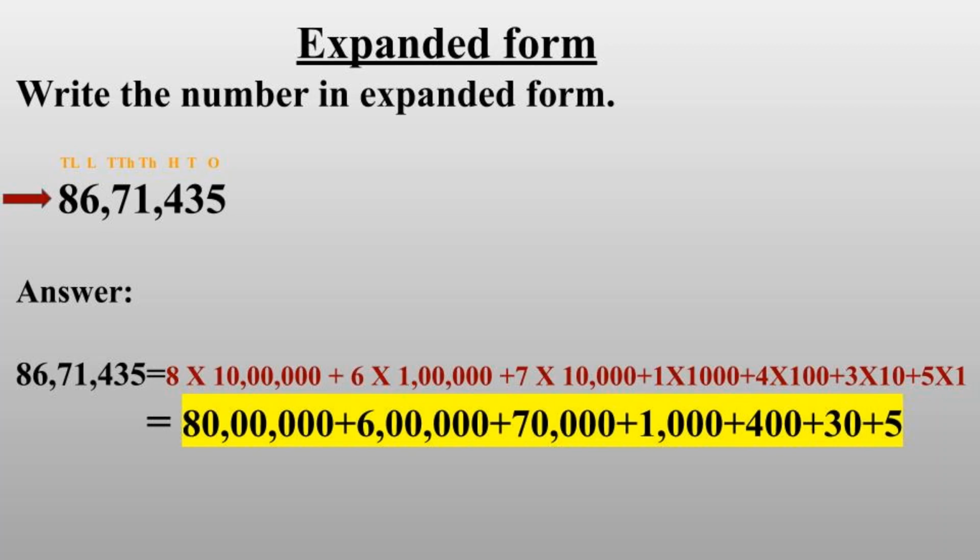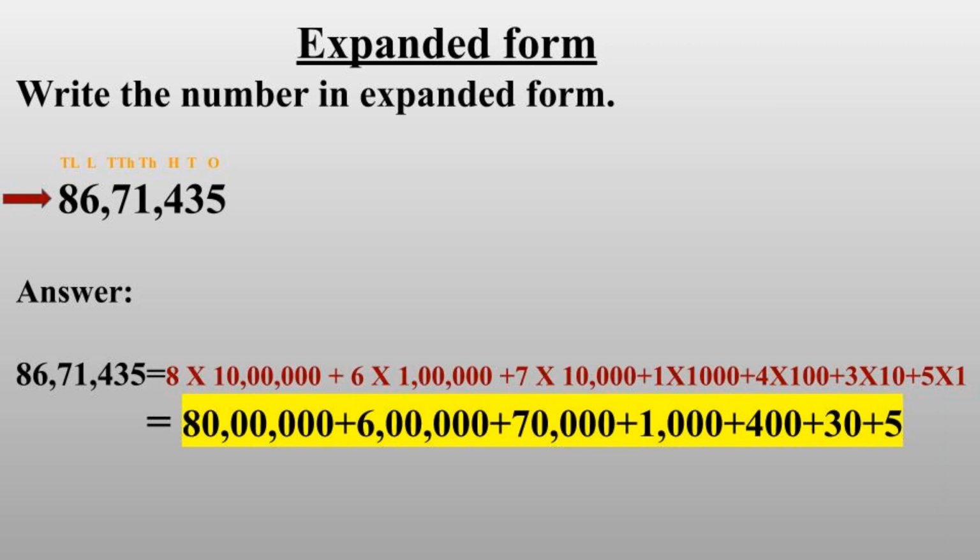Let's see how to write the answer. 86 lakh 71,435 is equal to: 8 is in 10 lakh place, that means it has 8 10 lakhs, so we write 8 into 10 lakh, plus 6 lies in lakh place, so 6 into 1 lakh, plus 7 in 10,000 place, so 7 into 10,000, plus 1 into 1000, plus 4 into 100, plus 3 into 10, plus 5 into 1.